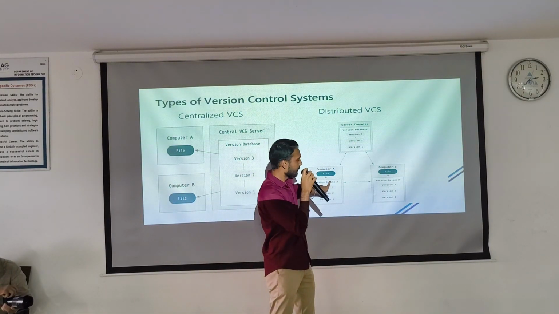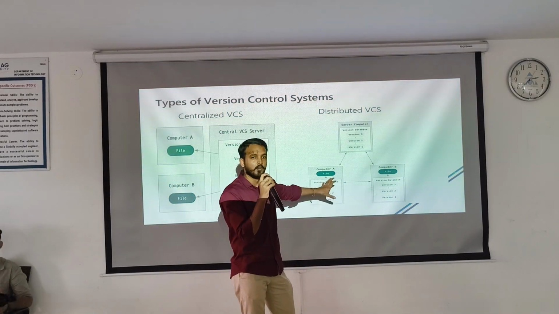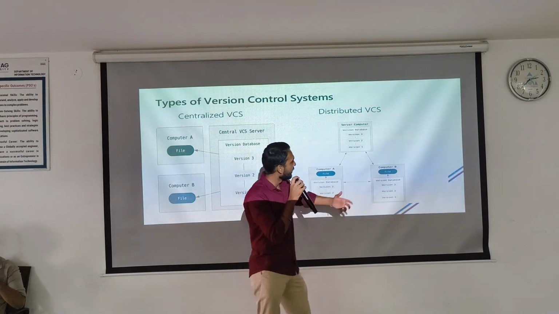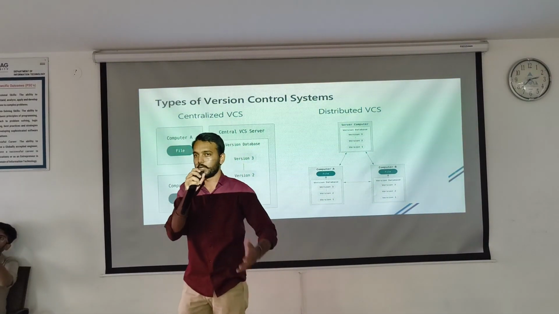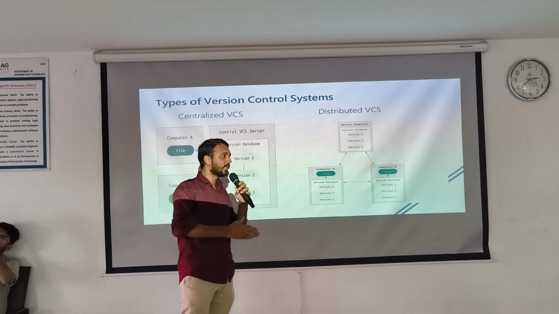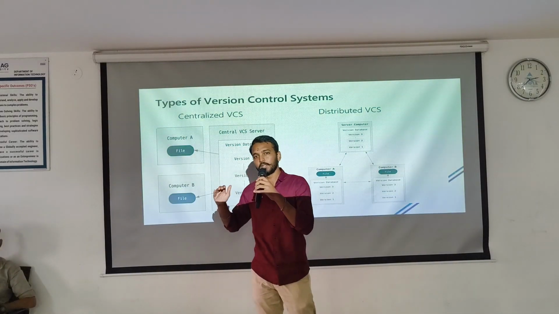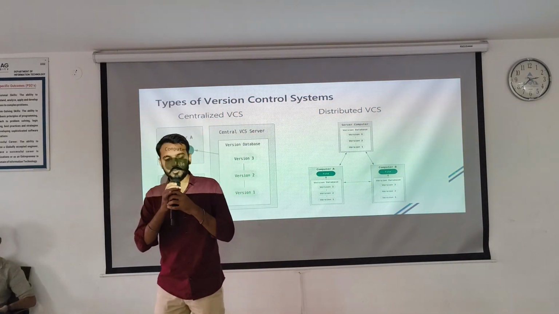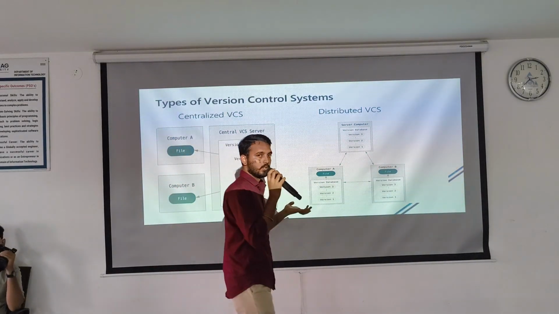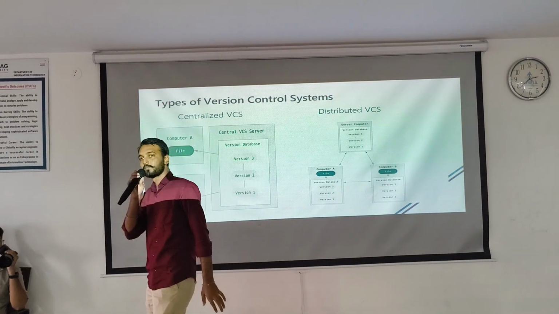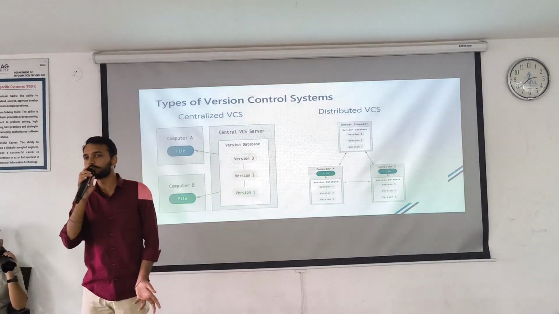In this way, developer A can work on a single file or project or section, developer B can work and push the code to a certain location, and they will have their own file copy or project copy in their local system. That is called a distributed version control system, right? Is it clear? Clear or not? Yes.